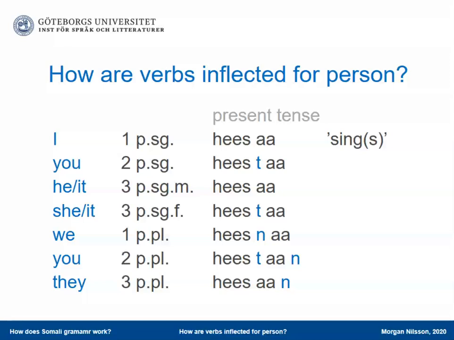And this is how the same verb then will look in the past tense, with the same consonants, just another vowel expressing the tense instead of the long a that expresses the present tense.